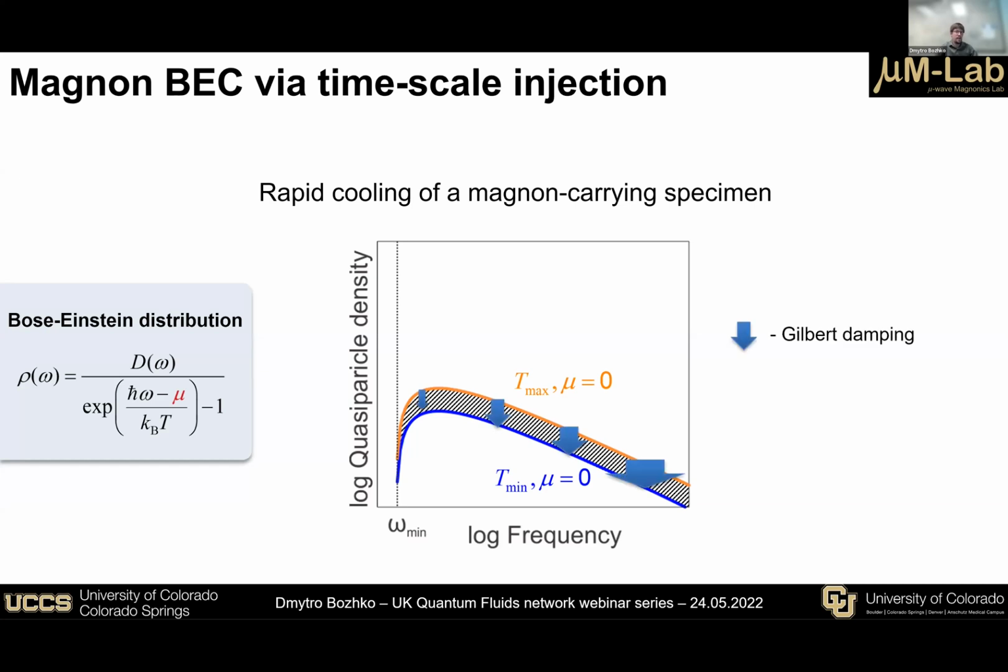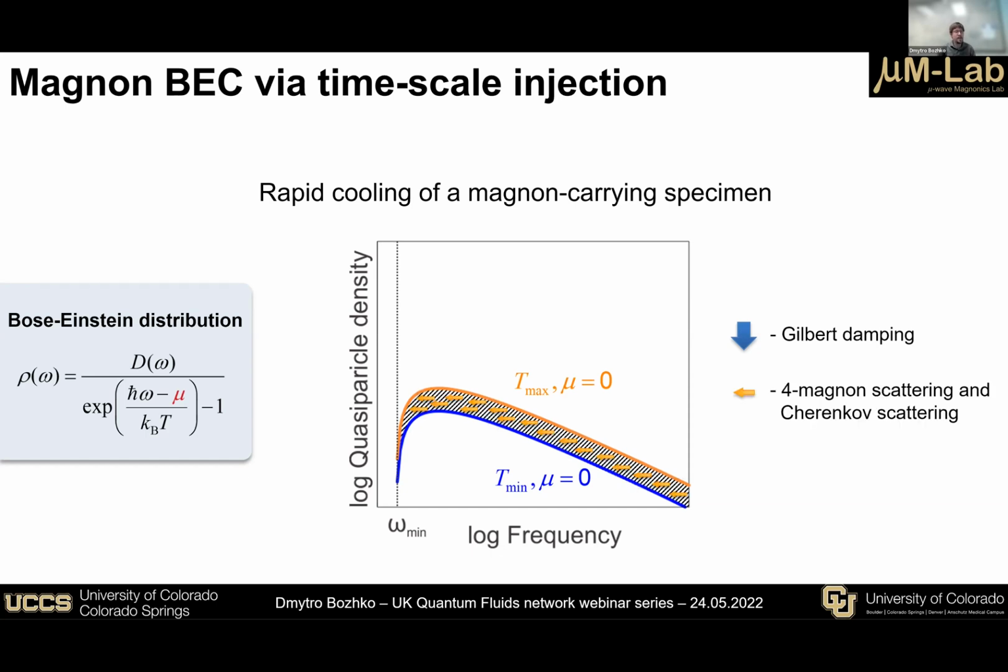So if you take down the temperature much faster than the magnons can relax to the lattice, all that excess magnons will stay in the system. And because of the nonlinear scattering, they could form the condensate.